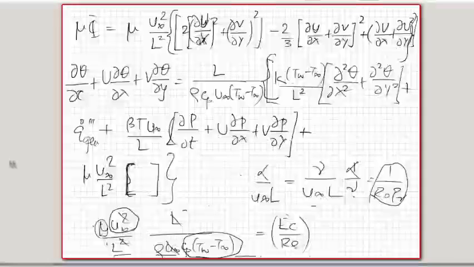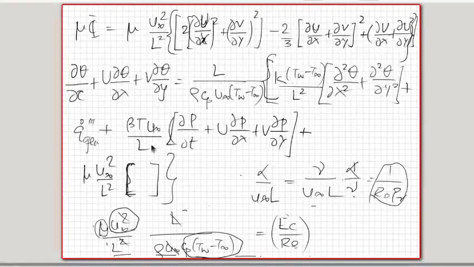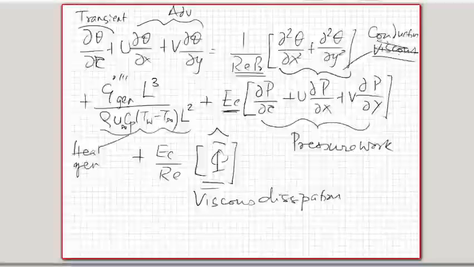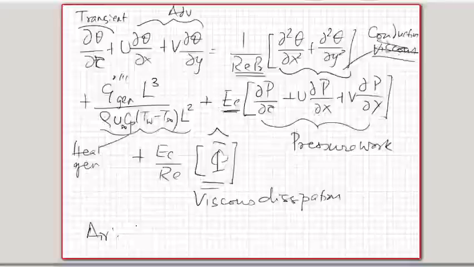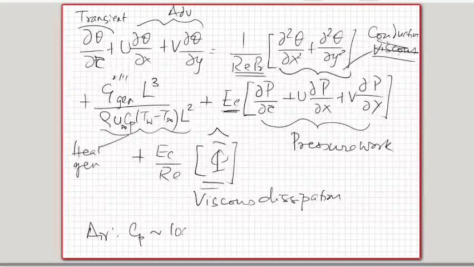And what is the Eckert number? Eckert number is a ratio of kinetic energy, or U infinity squared, to Cp delta T. So only when the velocity becomes substantially large does U squared become anywhere comparable to Cp delta T. For example, if we're talking about flow of air, the Cp is around 1005 joules per kg Kelvin.